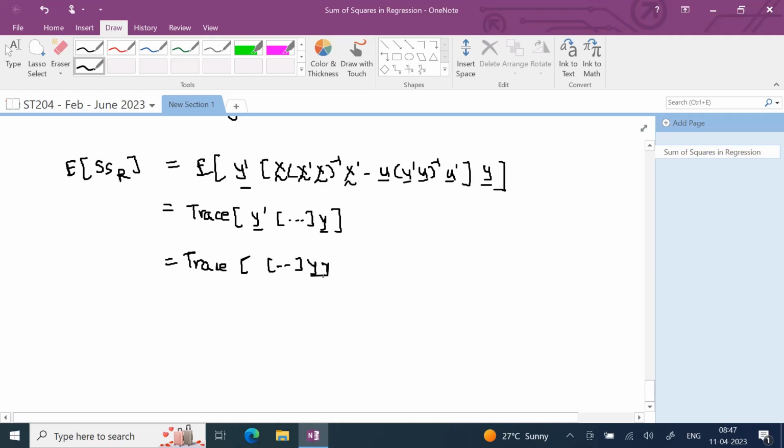By using properties of trace, and of course I'm forgetting the expectation, it is the expectation of the trace. Since it's a scalar, I could write it as trace, and we know trace and expectation can be interchanged. So this is the trace of the expectation of that big matrix into y prime.